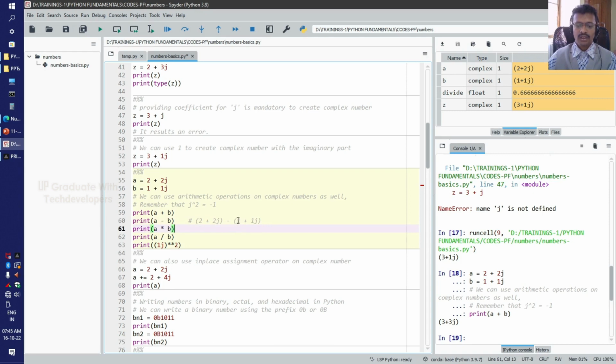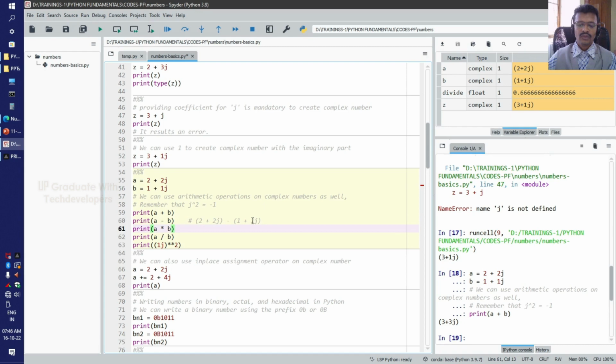If you have a negative sign in the real part of the second complex number, then negative of negative becomes positive. So instead of subtraction the addition will take place. Similarly for the imaginary number, this is plus 2j and here we have plus 1j, but we are using subtraction. So plus 2j minus of plus 1j, plus into minus becomes minus, then plus 2j minus 1j becomes 1j.